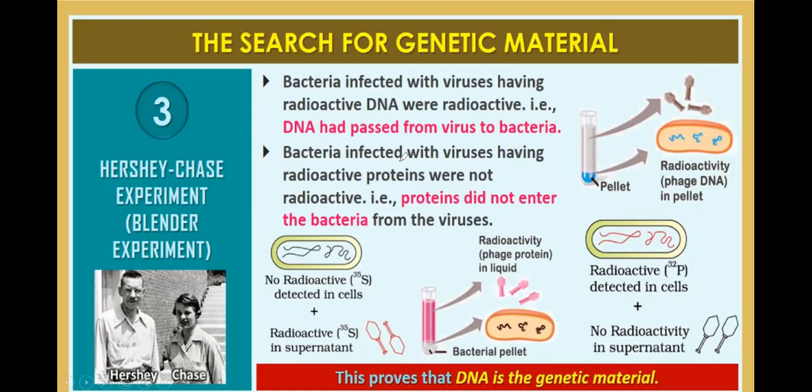But for bacteria infected with virus having radioactive protein, the protein was labeled, but it is not passing from virus to bacteria. Therefore, protein did not enter the bacteria from the virus. In this way, this proved that DNA is the genetic material, not protein.